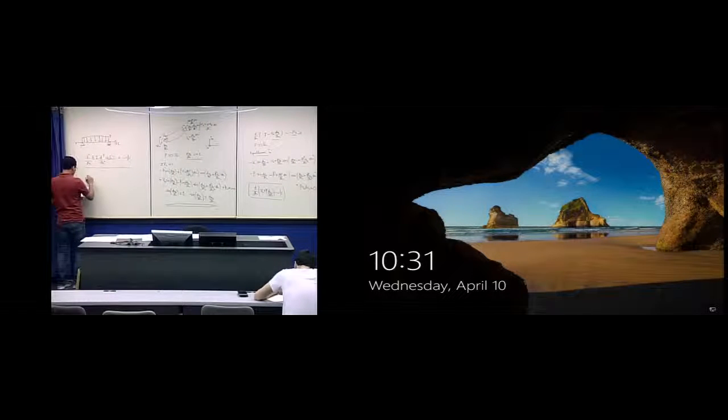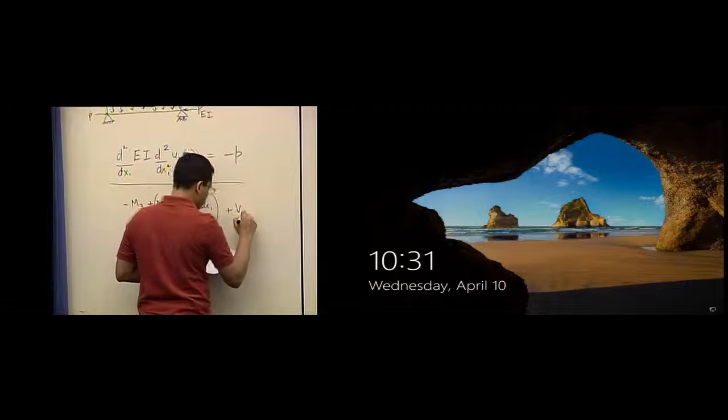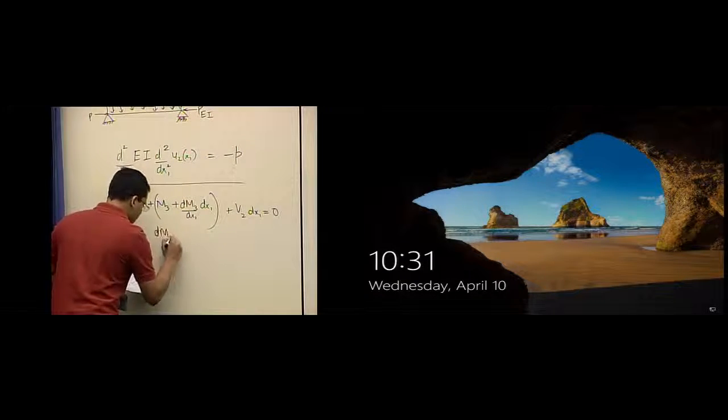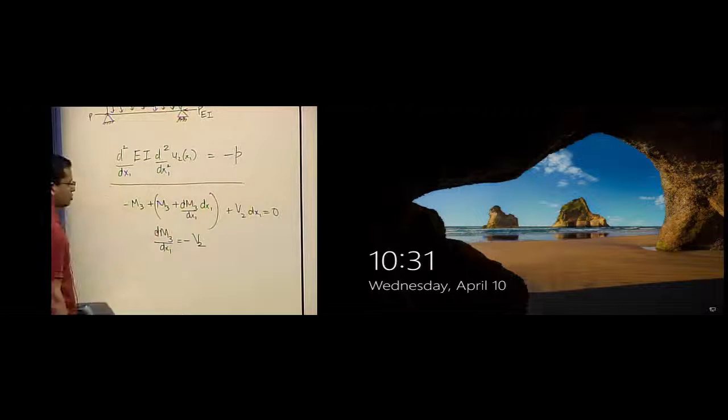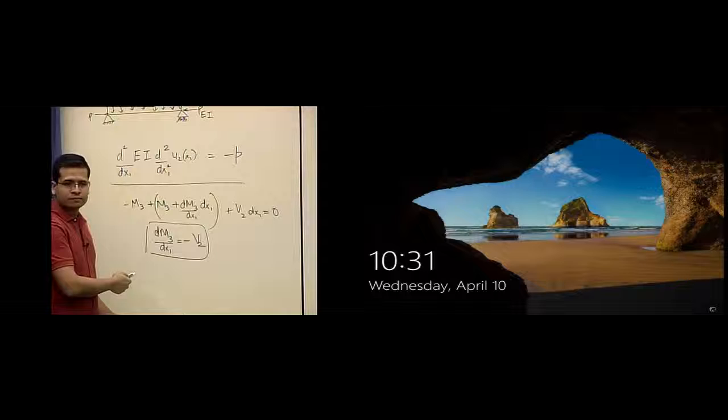Because there is no component of axial loads now, so it will become minus m3 plus m3 plus dm3 over dx1 plus v2 dx1 is equal to 0. So we will get dm3 over dx1 is equal to minus v2. So this equation we have seen before in Euler-Bernoulli beam theory, right?